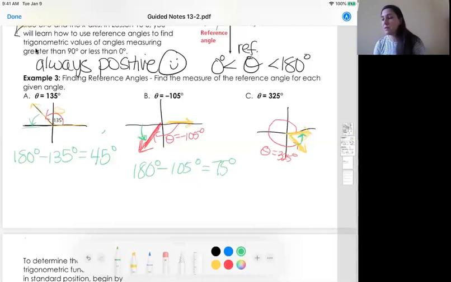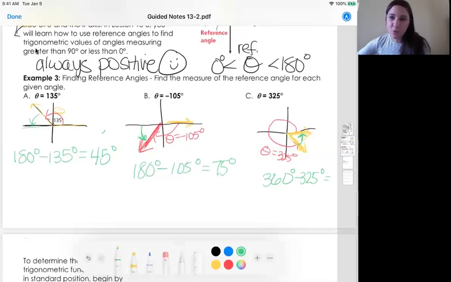So for this one, if I take 180 and subtract 325, it might help me out, but I really think that this entire value could be 360 degrees because this angle is rotating all the way around. So I'm going to take 360 and subtract 325. Now, there are some formulas for finding the reference angle.